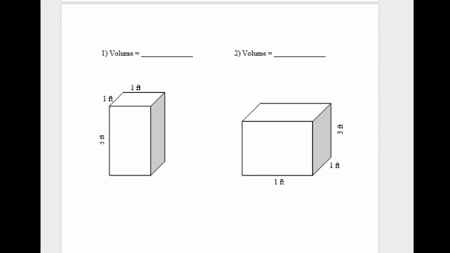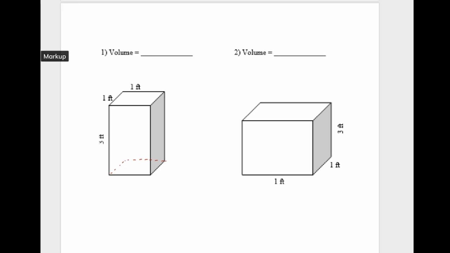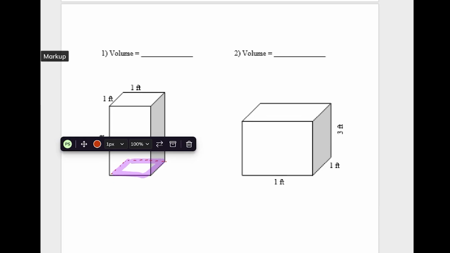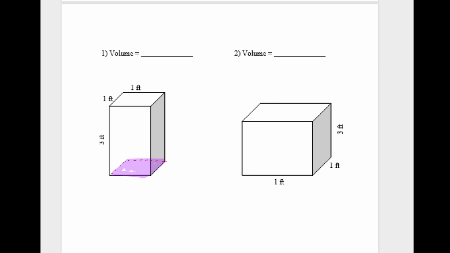So for the volume here, we're just going to find the area of the base times the height. So the base here is a rectangle. It's the same rectangle as we see up above, and it looks like it's just a 1 by 1 here. So here's the area of the base. And from the diagram, it's like a 1 by 1. And so we're going to multiply whatever that area is by the height.